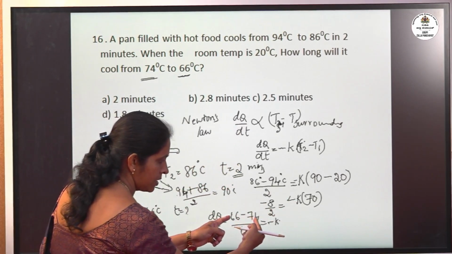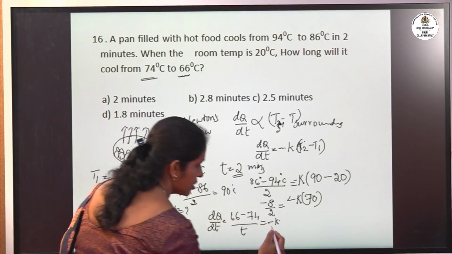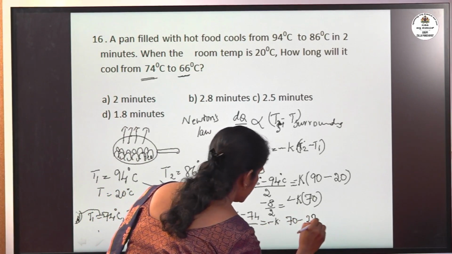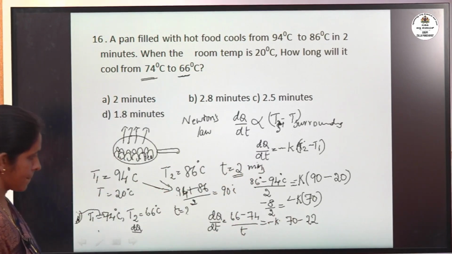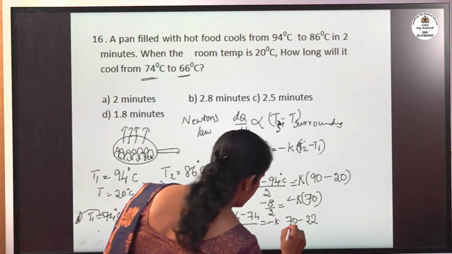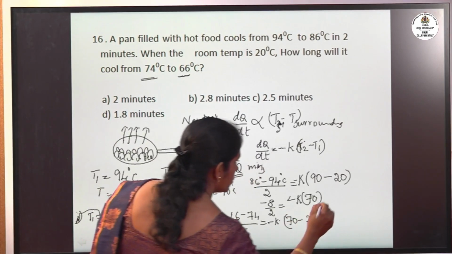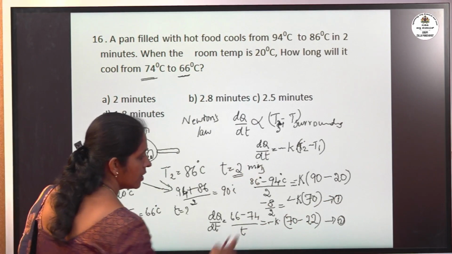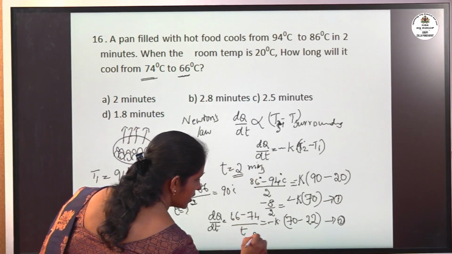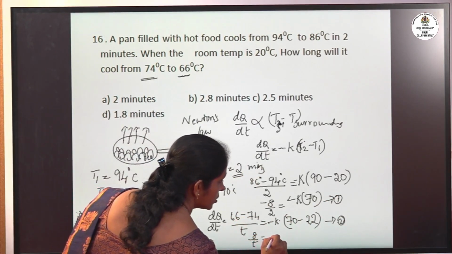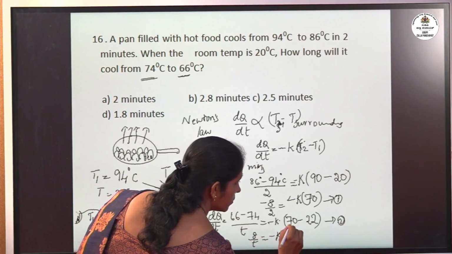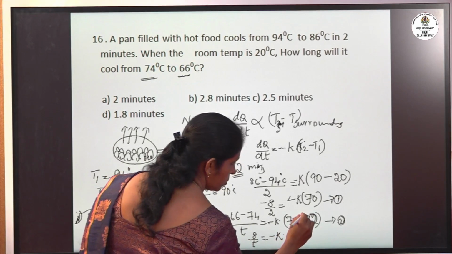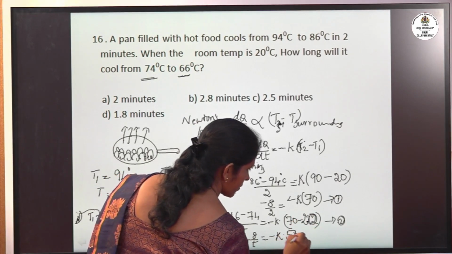Temperature of the system is the average temperature of these two, which is 70. We have two equations, equation 1 and equation 2. This is again equal to minus 8 by T is equal to minus K into 70 minus 20, 50.